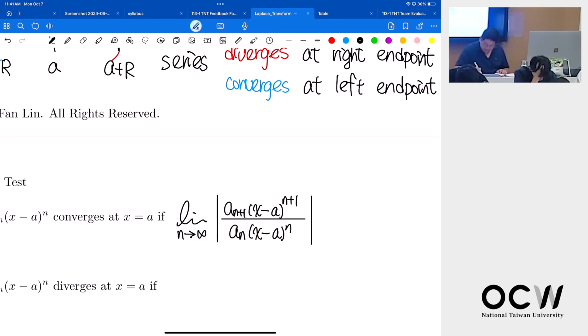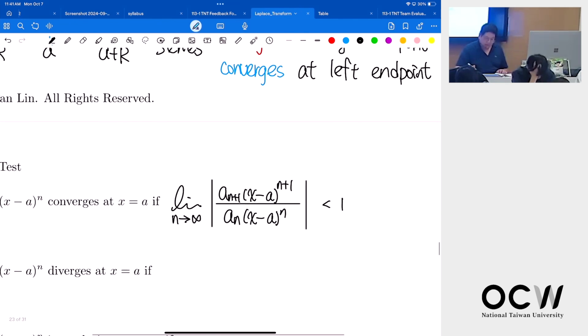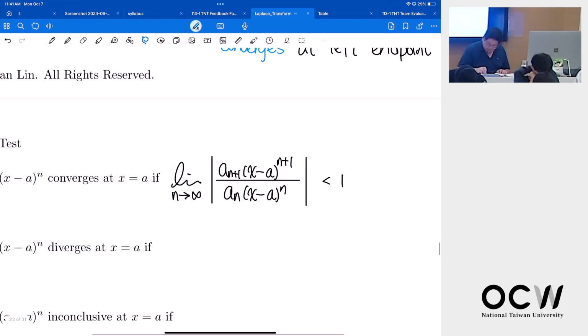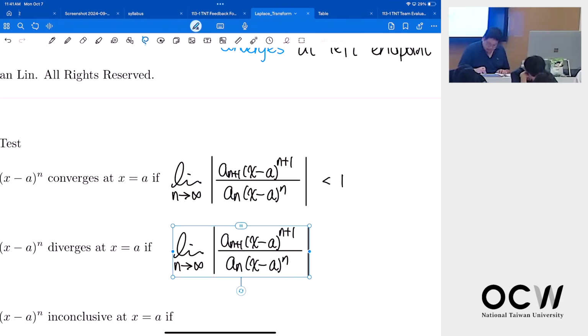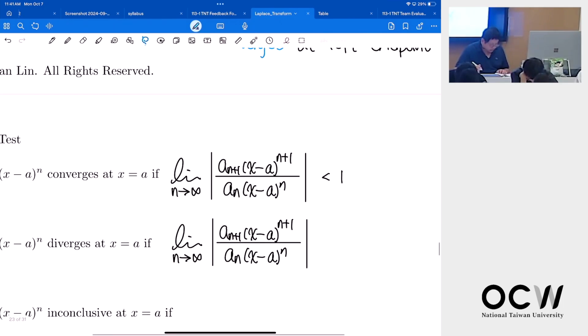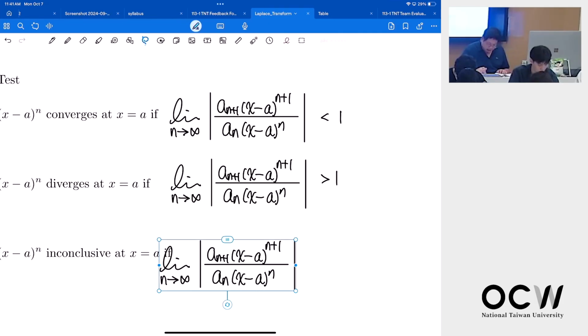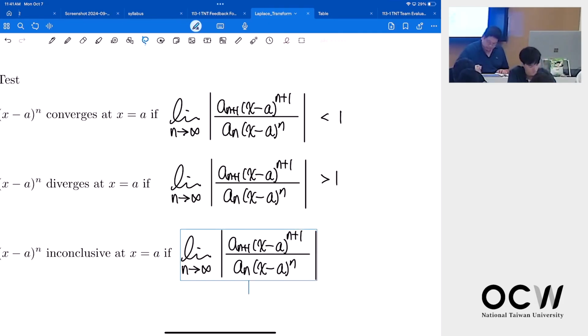If this is less than 1, then this series converges. If this limit is greater than 1, that is divergent. Inconclusive if this limit equals 1.